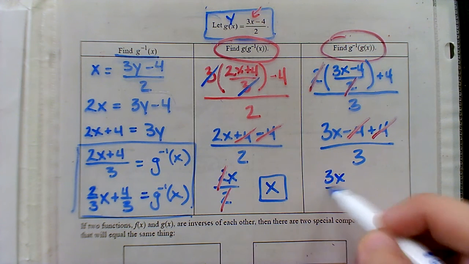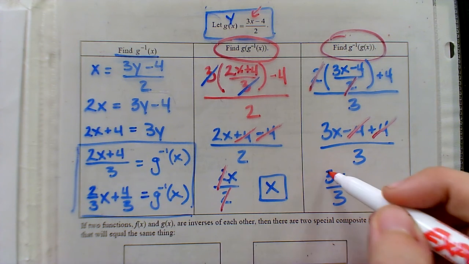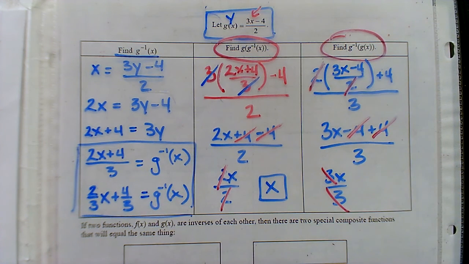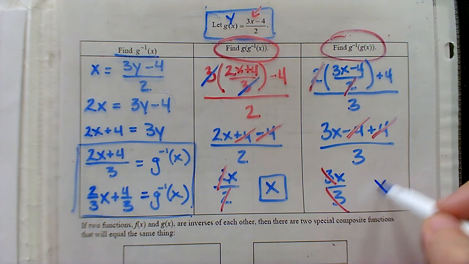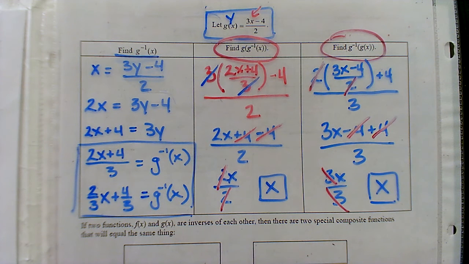And lastly, notice how the 3's would cancel. One's being multiplied, the other one's being divided. So those are inverses. We get the same x out, right? So it really doesn't matter which one you test, whether you plug the inverse into the original or the original into the inverse.